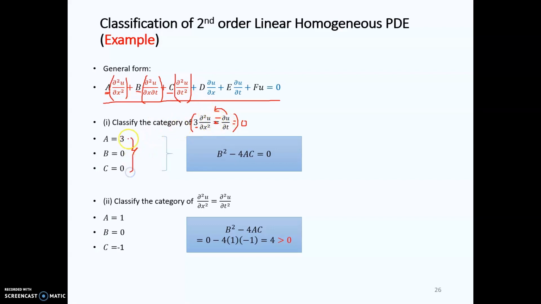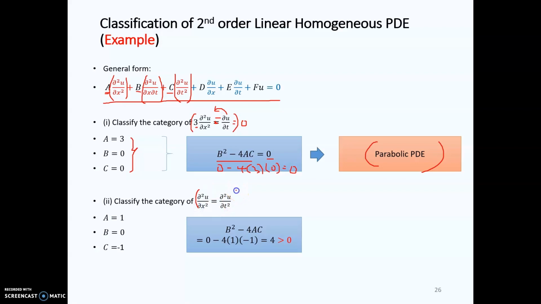Therefore, you substitute inside this formula, you have 0 minus 4 multiplied with 3 and then multiplied with 0. So you should obtain 0. So if b squared minus 4ac is equal to 0, then this is known as parabolic PDE.